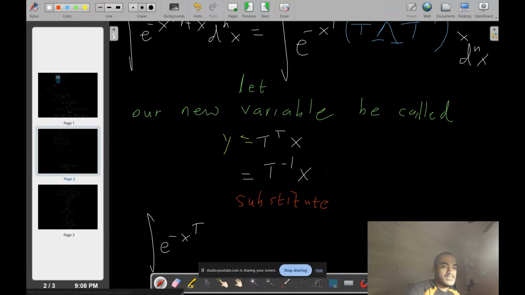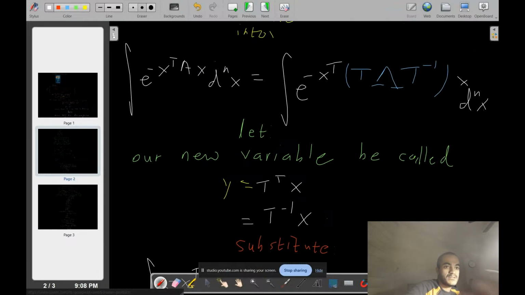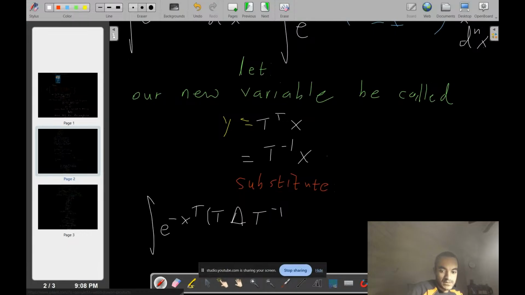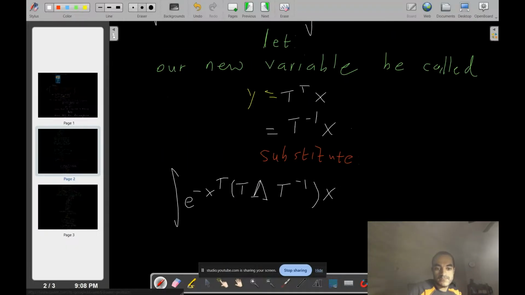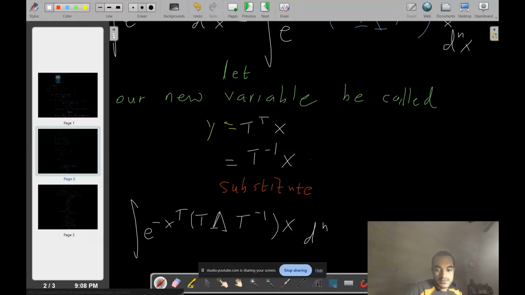We said T lambda T inverse. So T capital lambda T inverse times x. Let me make my lambda better, sorry about that. Then this is dnx.